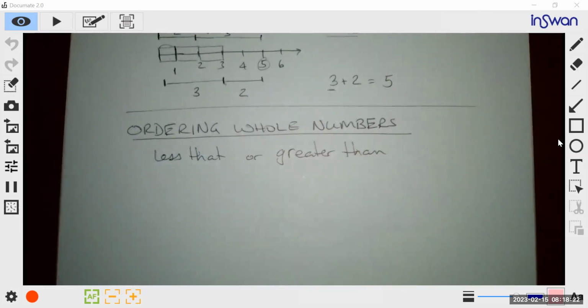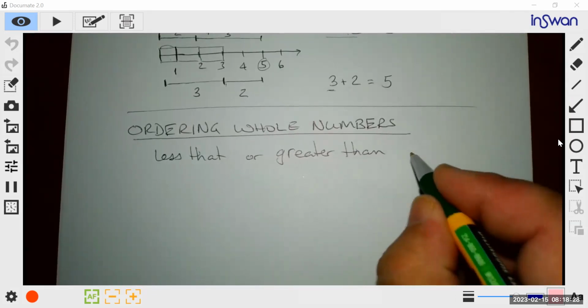By ordering, we know we have the sequential number of numbers, but now we discuss the concepts of less than and greater than, or inequalities.